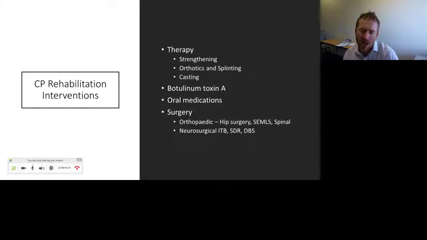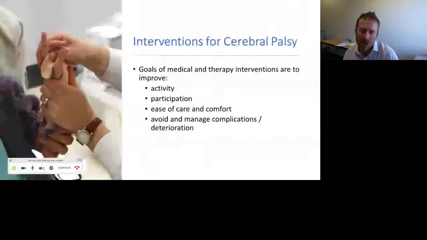I'll talk briefly about botulinum toxin A as a frequent treatment for spasticity and dystonia, touch on oral medications, and then mention some surgical treatments for musculoskeletal deformity, and also the neurosurgical interventions that are sometimes helpful for cerebral palsy. So generally, our interventions in cerebral palsy, although they act at the impairment level, are designed with goals at activity and participation level.